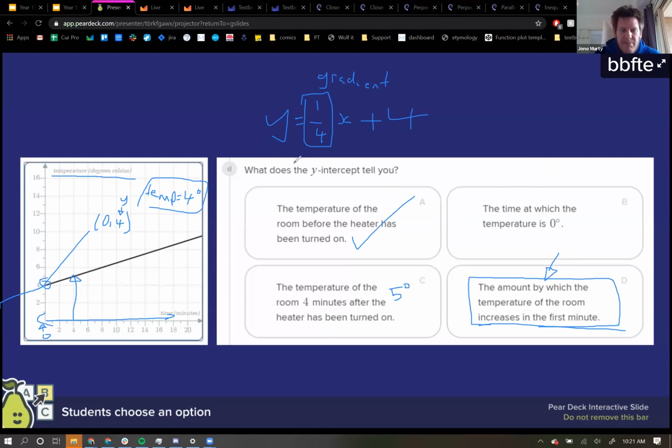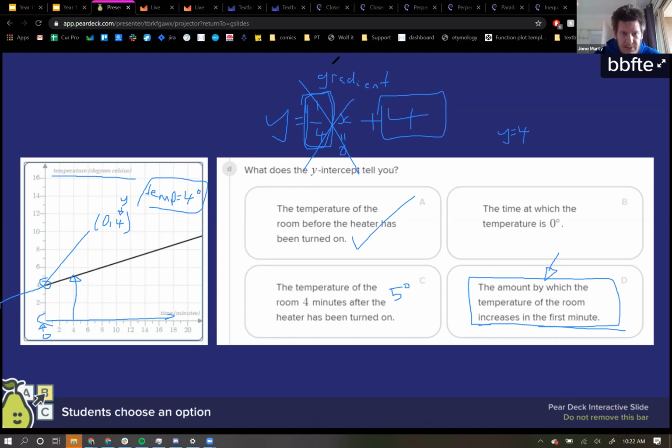So for every 1 minute in this case, the temperature increases by 1/4 degree, and this was our starting value, 4. So remember, if I sub in x equals 0, this whole bit cancels out, and I'm just left with y equal to 4, which was this point here.